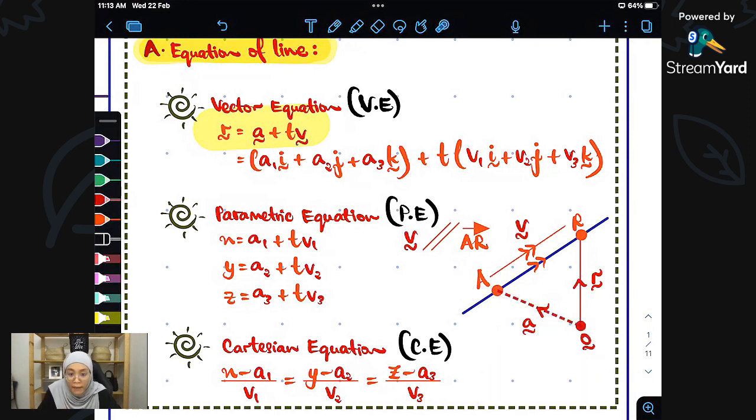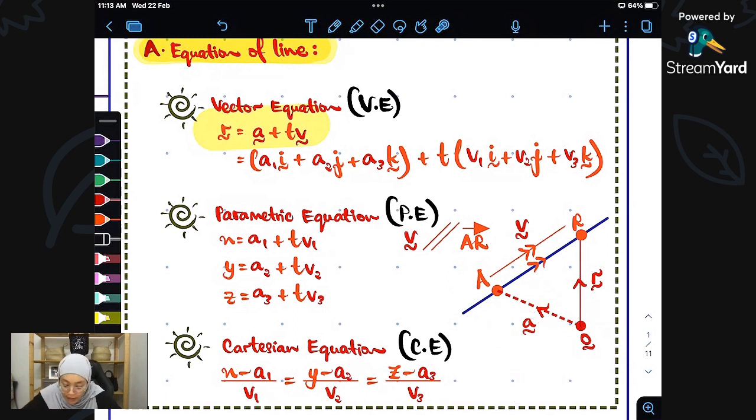Dalam bentuk 3D, 3 paksi, x-axis, y-axis, z-axis, actually we have the 0 coordinate there. We have a 0 where this 0 is going to a point on the line, which is a point A, contohnya sahaja, where we call this a position vector small letter A. So this small letter A is very important to know and to get. Okay, we know that it is a direction towards the point A from the origin. Therefore, the position vector A is very important to know.